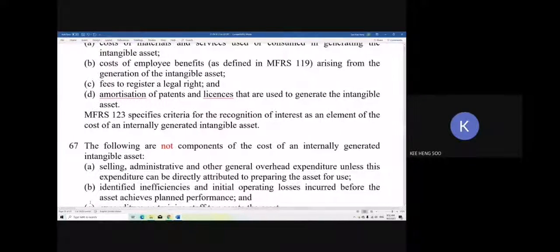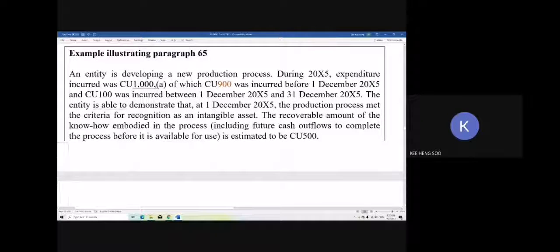So you spend 1,000. This is the amount you spend. 900 is before meet the criteria. So this one before it meet the criteria, so it will recognize an expense.